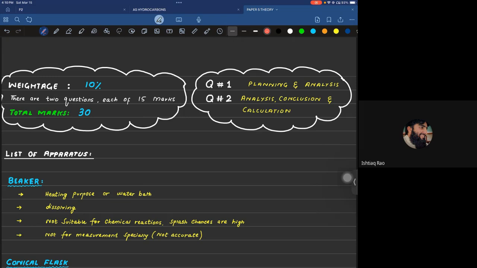So that's the reason beakers are not suitable for chemical reactions. And it's also inaccurate. It's not recommended that we use a beaker for measurement purposes. No, it's inaccurate.